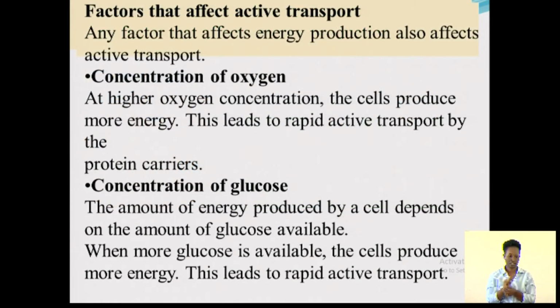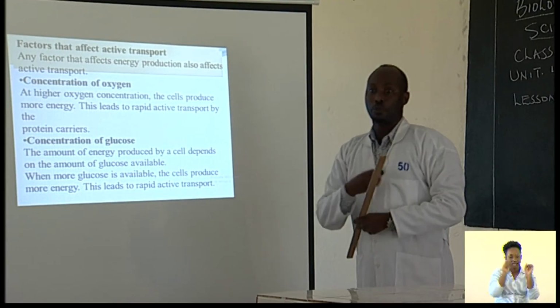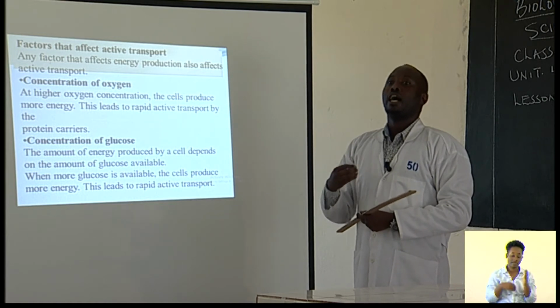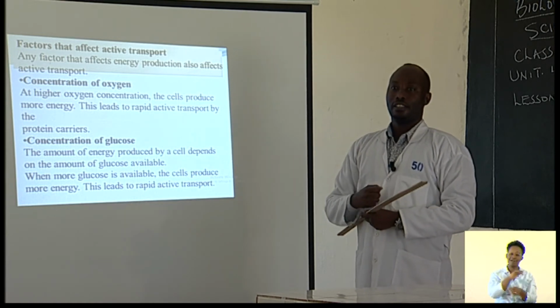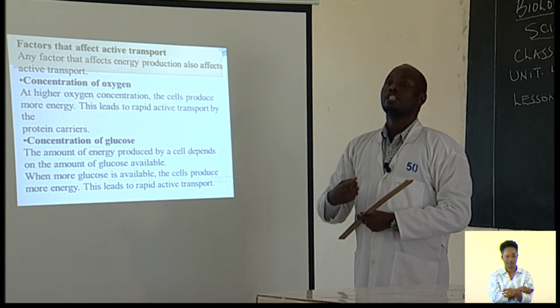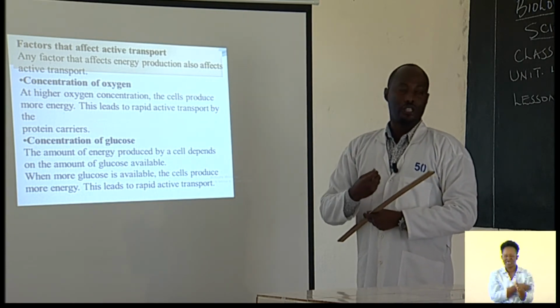Let's talk about some of the factors. As students, we are making a summary of the lesson. What are the factors that can affect active transport? As I mentioned earlier, active transport requires energy. It uses energy.